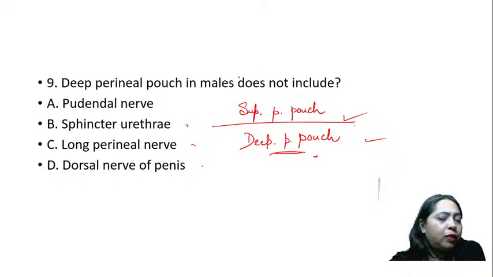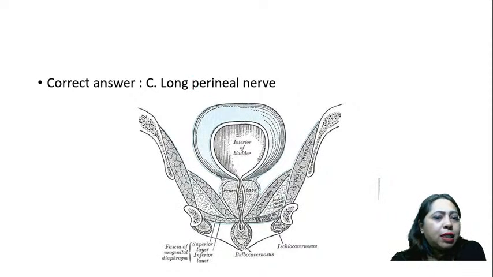But we have to tell which one is not present in the deep perineal pouch, not the one which is present. Everyone thinks it is D. The answer is C.